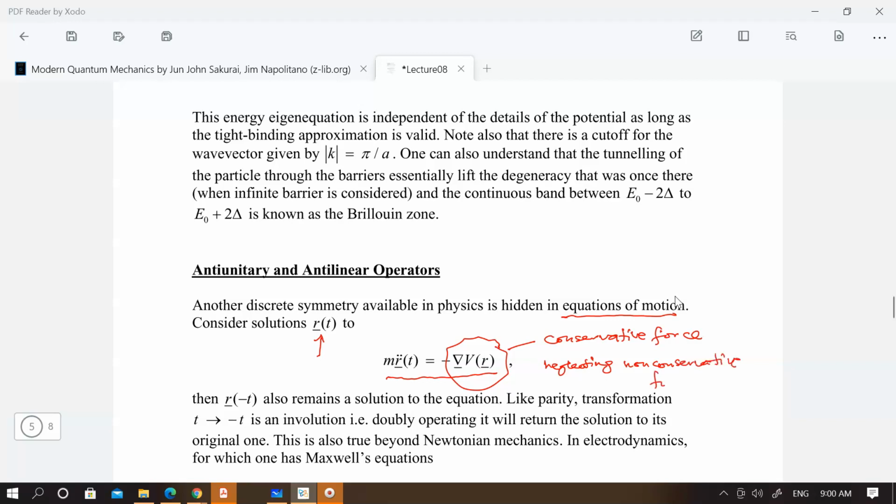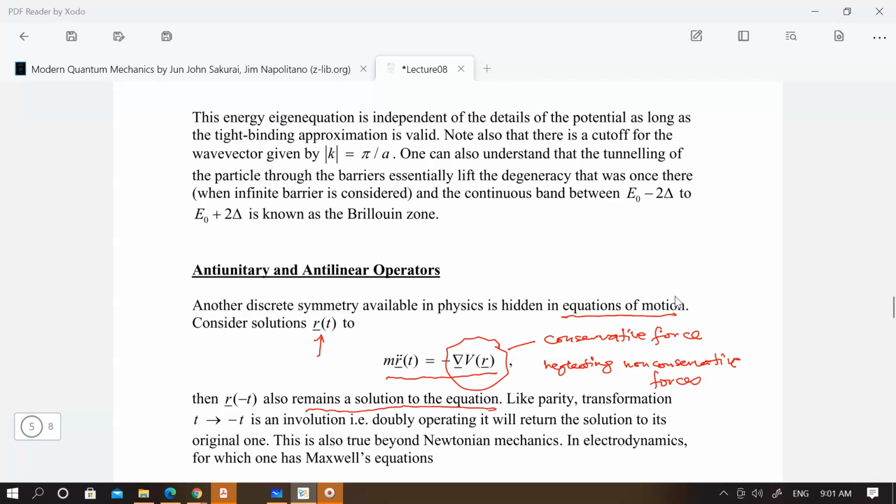If we restrict to this limitation, what happens when you solve this equation is that if you get the solution, I can simply flip t to minus t, and the solution you get by evaluating the function at minus t will also be a solution to the equation.